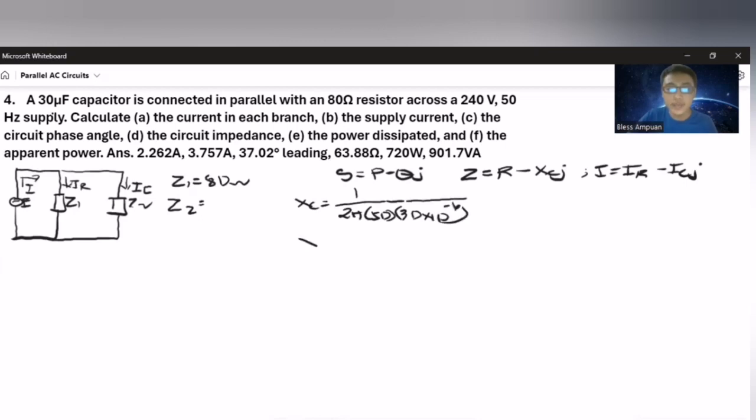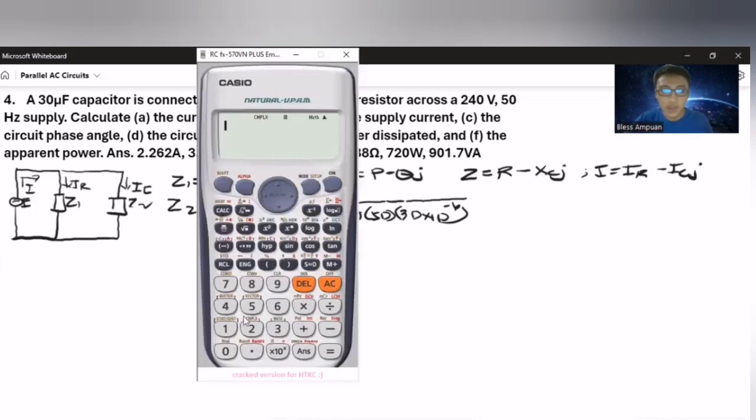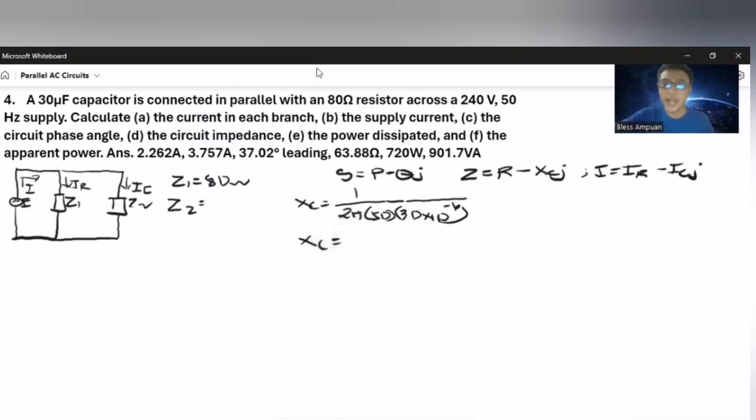So this is equal to 1 over 2 pi times 50 times 30 times 10 raised to negative 6. Okay, so 106.10. Our X sub C is 106.10 ohms.